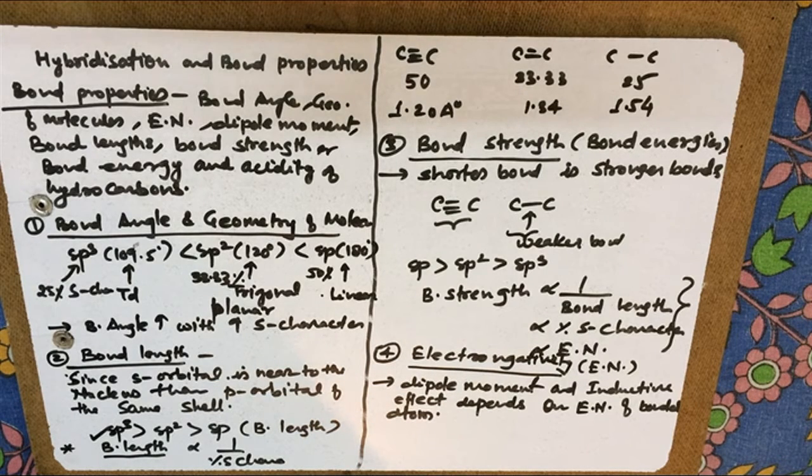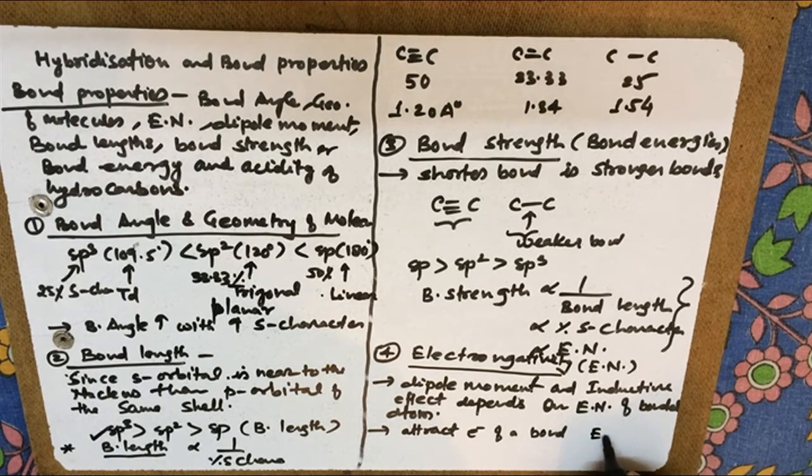Okay, so what is electronegativity? Electronegativity is when any atom has the capacity to attract electrons of a bond, it is known as electronegativity.